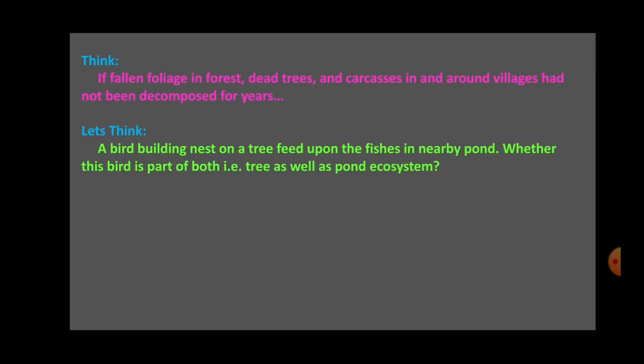We have studied different types of ecosystems: pond ecosystem, lake ecosystem, aquatic ecosystem. Yes, so the bird is part of both ecosystems. It lives on the tree, so it is part of the tree ecosystem, and it feeds upon the fishes in the nearby pond, so it is a part of the pond ecosystem as well.